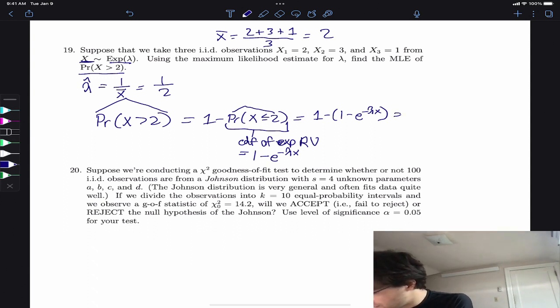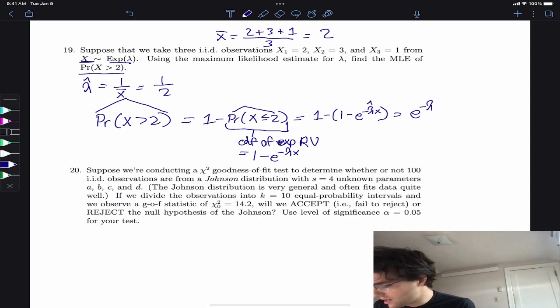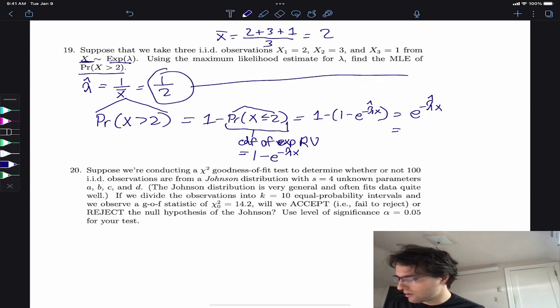And then simplifying this math, of course we have to maintain the hat, but now the hat only goes on the lambda, because previously we had the whole probability expression. So simplifying, we have 1 minus 1, which is 0, and then the minuses cancel out, so you have e to the minus lambda hat x. Then we plug in our value for lambda hat that we calculated.